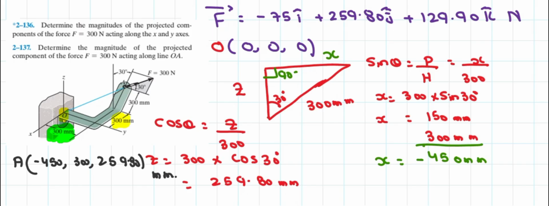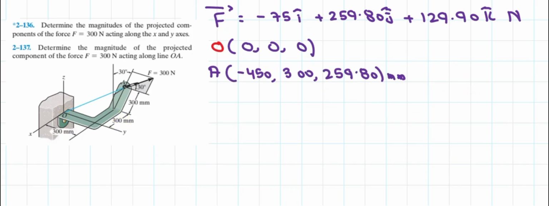Now we have successfully found the locations of every single point present in our diagram. Let's find out the position vectors. For that, let me erase some extra things from here. The position vector of these two locations can be written as ROA, which is equal to RA minus RO. Why RA minus RO? Because according to the diagram, the head of this force is directed along the point A. So point A is the final point and point O is the initial point.